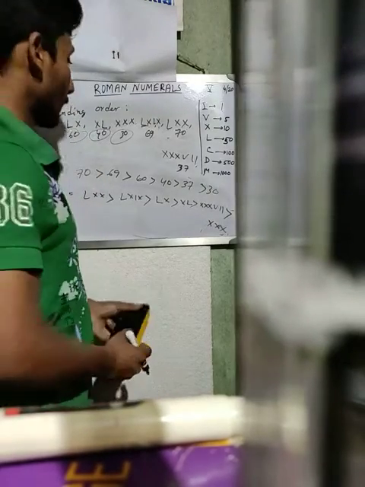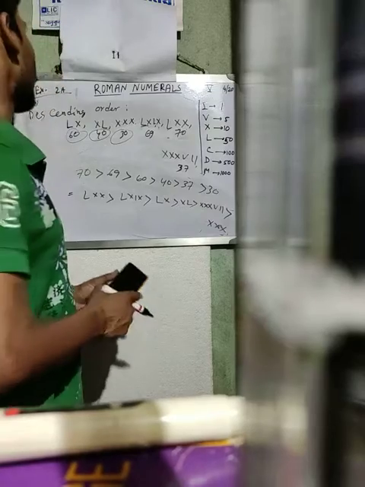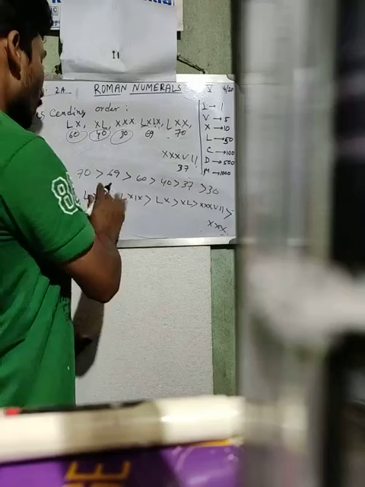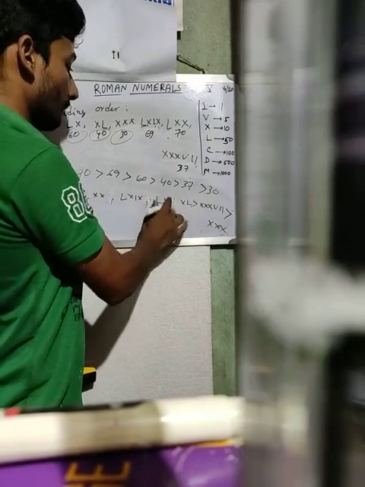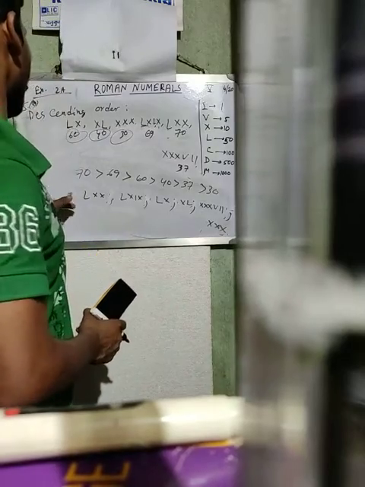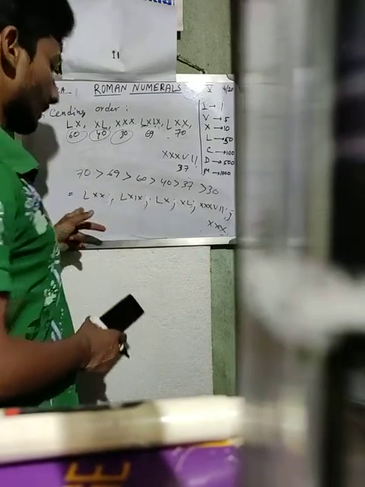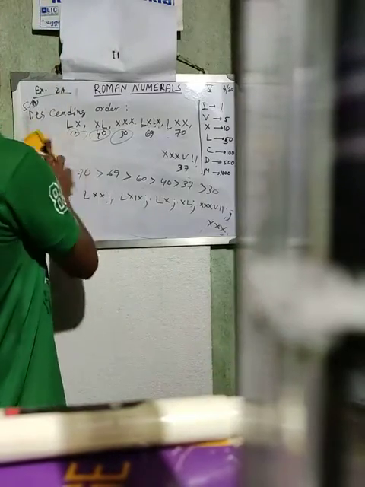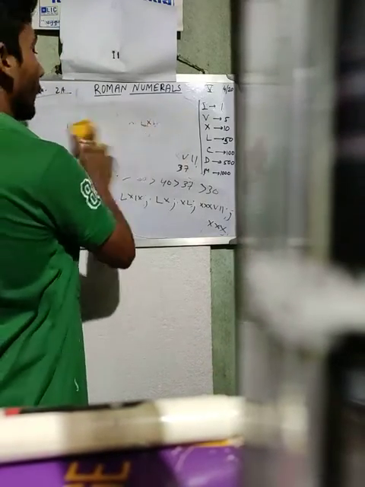So now clear? How can we arrange the numbers in ascending or descending order? You can write this also with commas. Clear? So ascending order and descending order are clear.